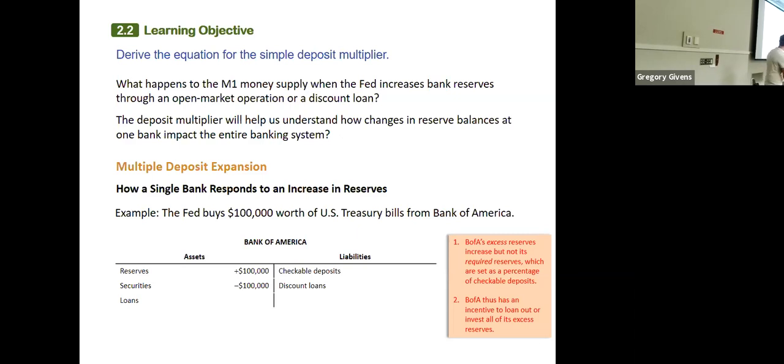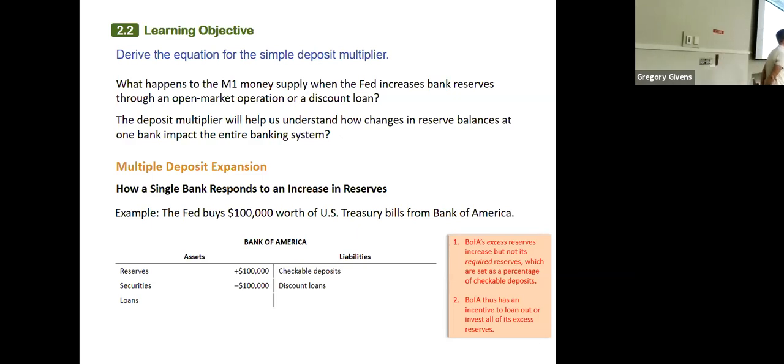No. So even though the Bank of America has now $100,000 worth of bank reserves, all of them are excess reserves because there's been no change in checkable deposits at Bank of America. So excess reserves here have gone up actually by $100,000. Required reserves haven't changed at all. And I kind of briefly described that, by the way, in that little box with red lettering on the right-hand side of the slides there.